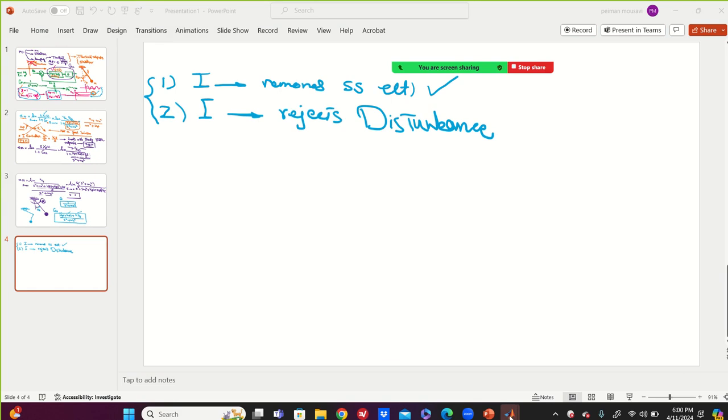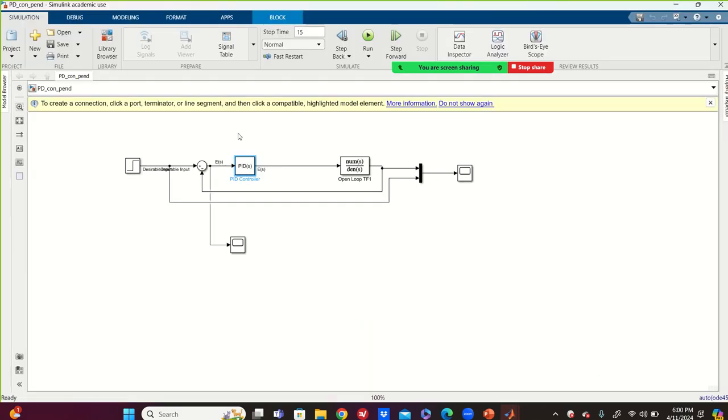Here we go. If you remember, I was showing you these things. I have a step disturbance here. Remember that I was plotting it for you? This is the disturbance to the system. U of S is coming here from the controller, I'm just naming it to make sure, and this is E of S. And now we have a step disturbance to the system.